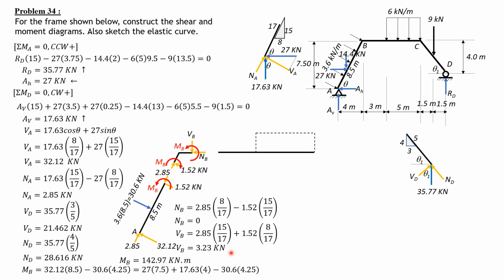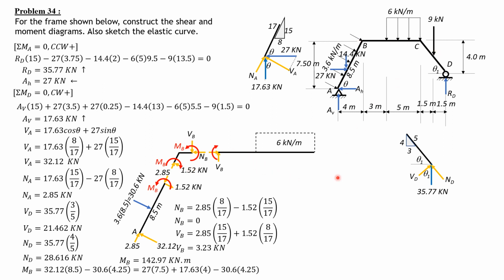So NB is equal to 0. So that's 0, as expected. Then VB is the sum of the vertical components of these forces. So 2.85 times 15/17 plus 1.52 times 8/17, because both are upward and VB is downward. So VB is equal to 3.23 kilonewtons. Then this is NB, as I said.